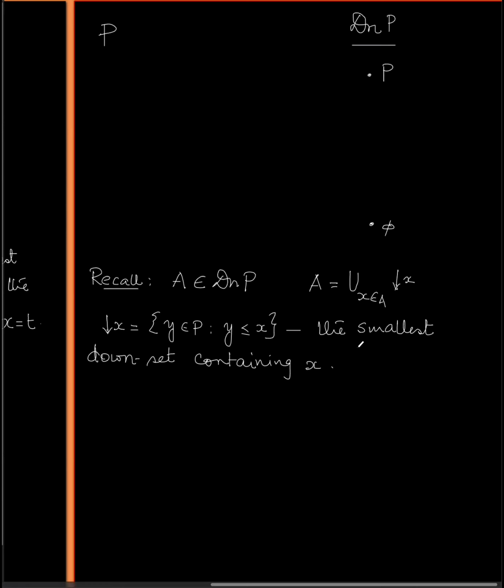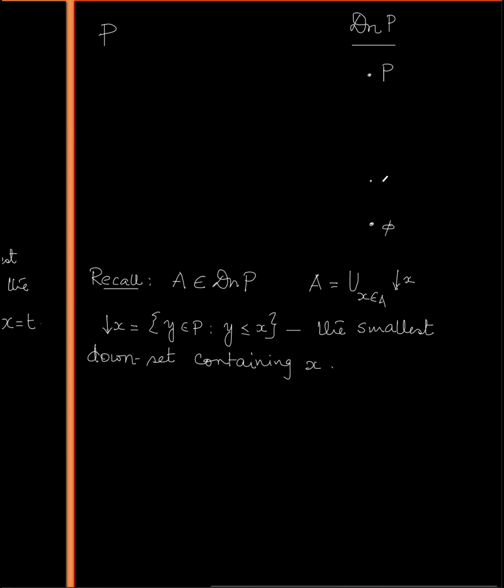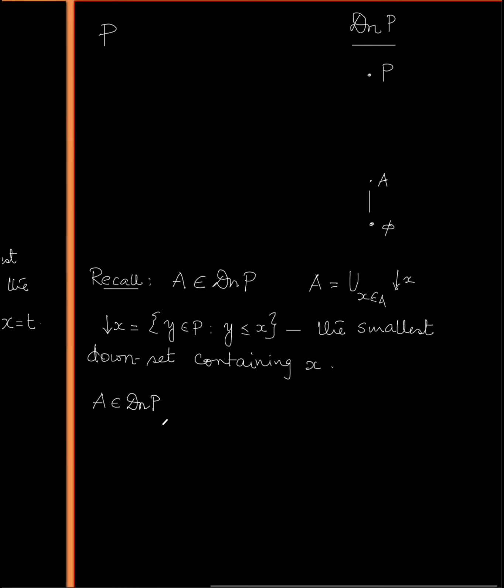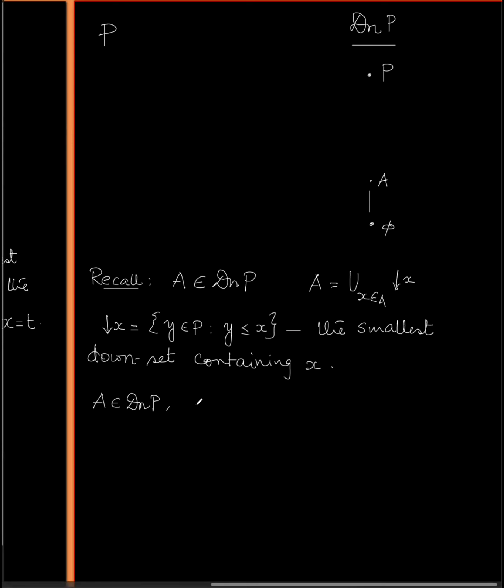Now, there were some attempts, I saw it, but let's suppose we have an atom over here. Suppose A is an atom. So it's a downset. Then what happens if I have a small a in A?